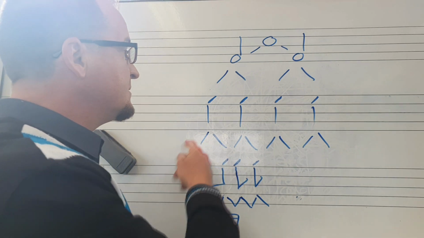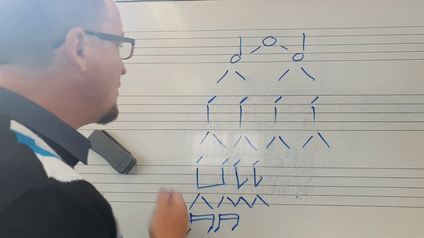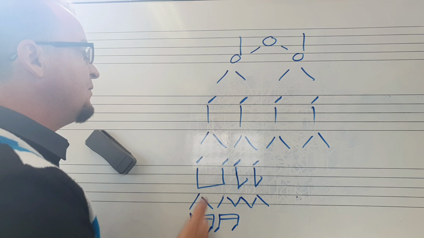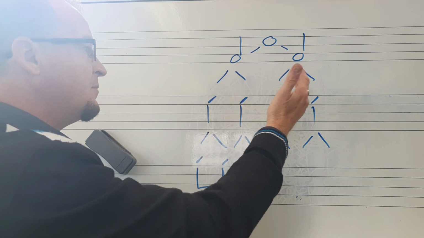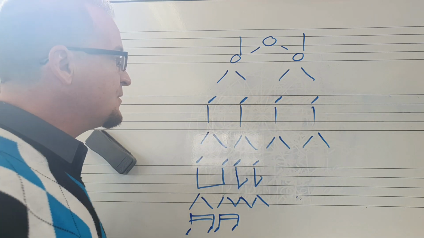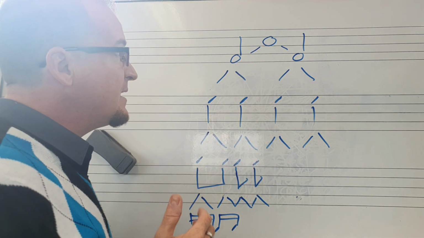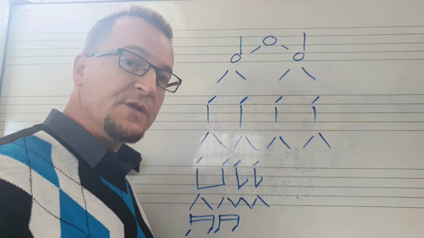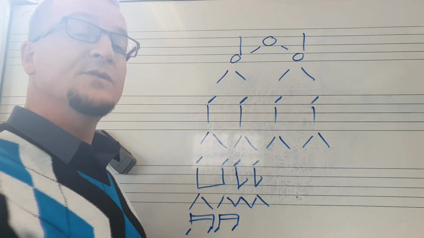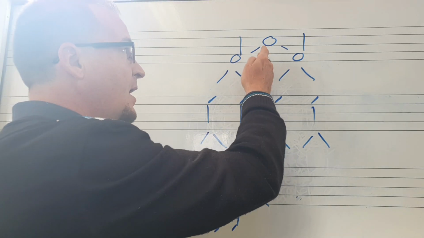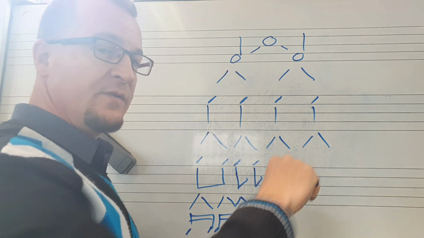So if I count you into these 4 notes here, 1, 2, 3, 4, ba, ba, ba, ba. Each note gets a beat. If I take the semibreve and I play the semibreve, I have to hold the note for 4 counts. 1, 2, 3, 4, off.